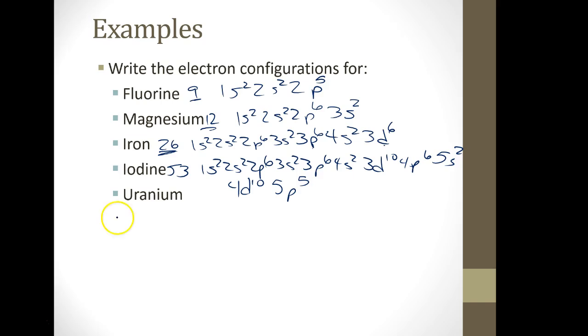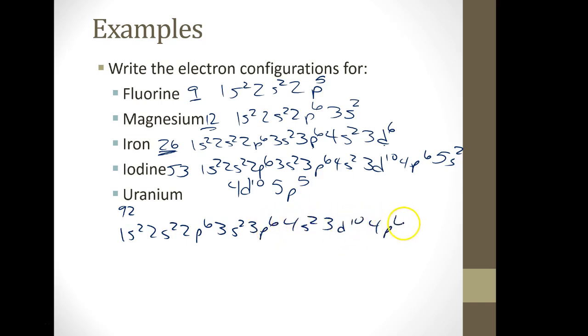So uranium is 92, and it's a long one. 1s2, 2s2, 2p6, 3s2, 3p6, 4s2, 3d10, 4p6, 5s2, 4d10, 5p6. So right now I'm up to 54, 6s2, and then after the 6s, that's where that 4f pops in. 4f14, 5d10, 6p6.